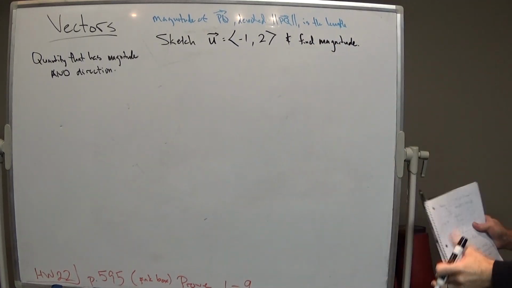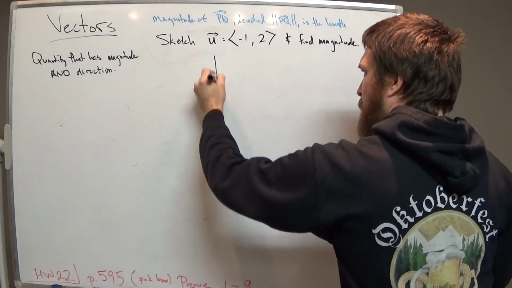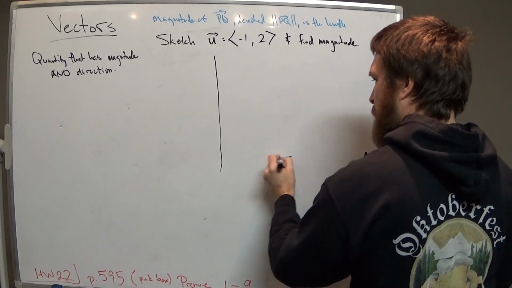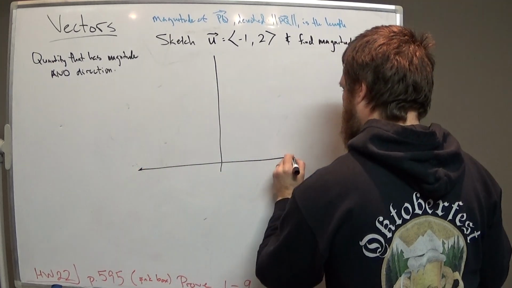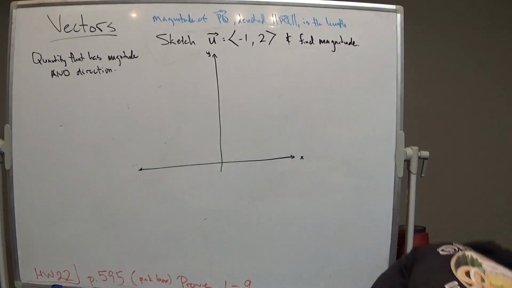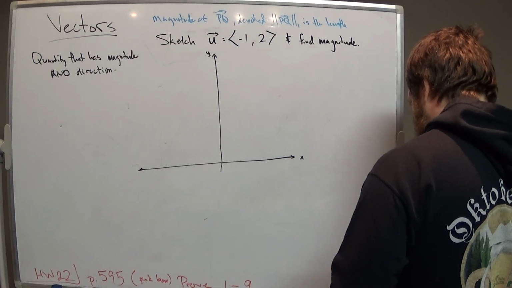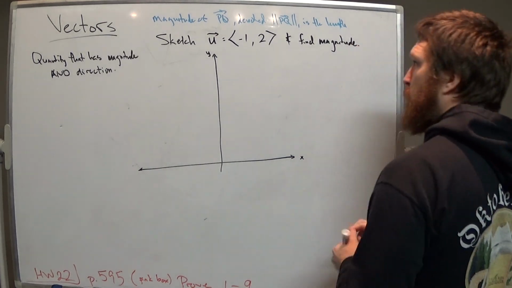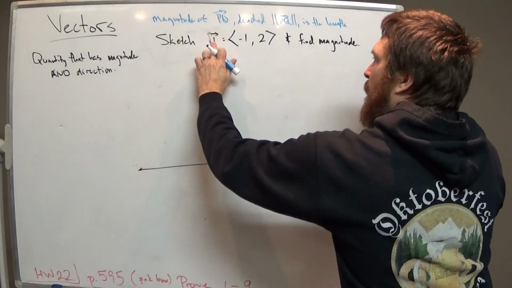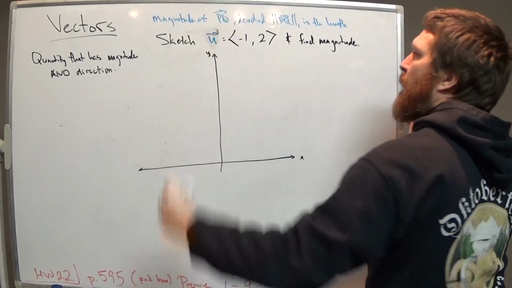Okay, so we need coordinates. There's x, there's y. And let's do u in blue. So u is in blue, okay?